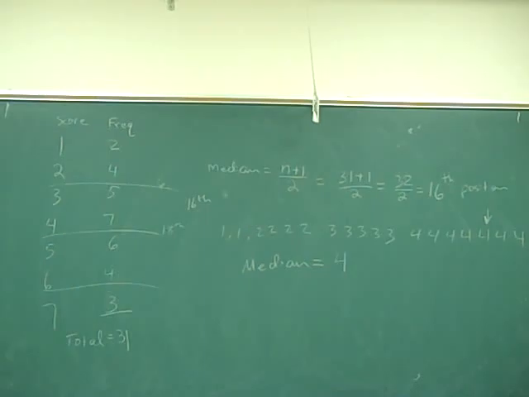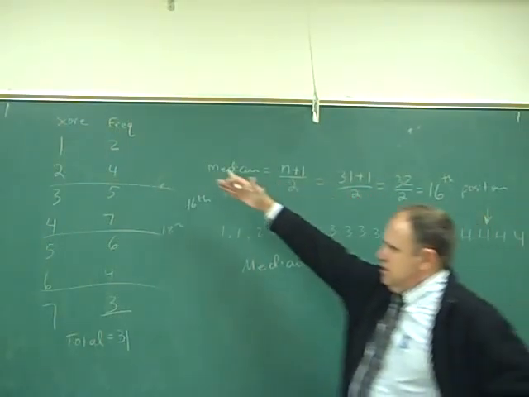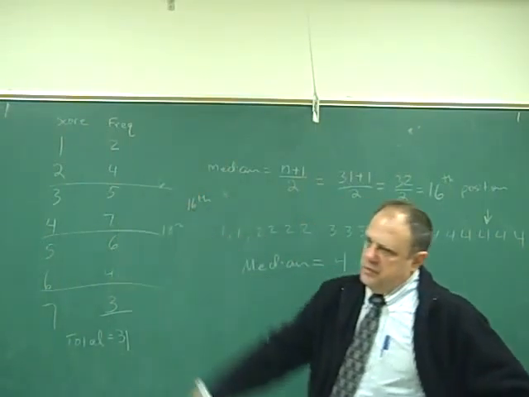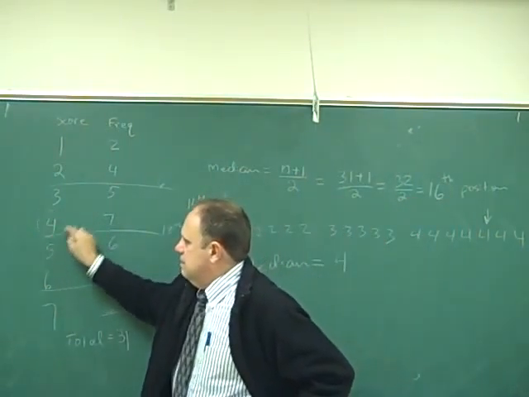So with a table like that, where it has a frequency for each score, you use this n plus 1 over 2 to get the median, and then you count over the number of frequencies up to that point, and that would be your median.